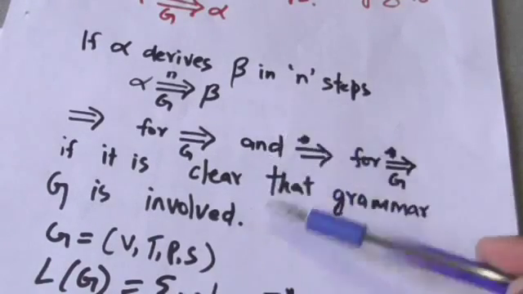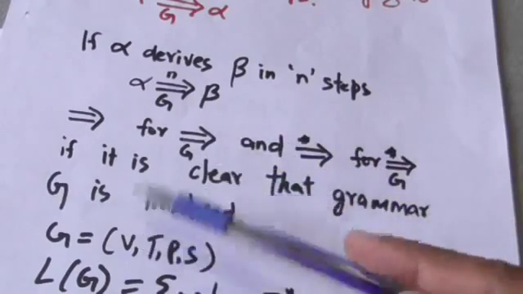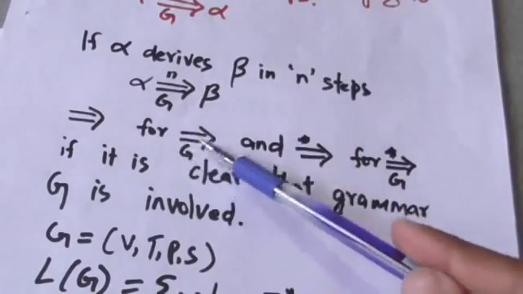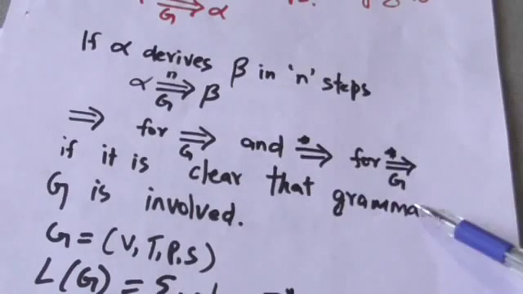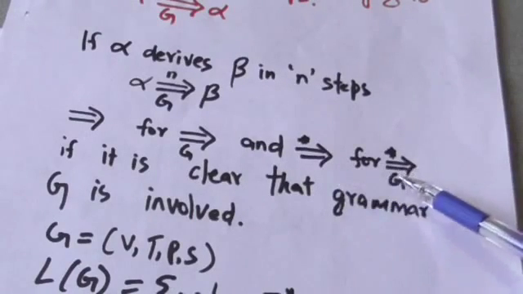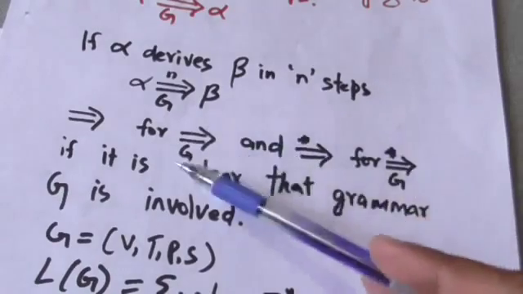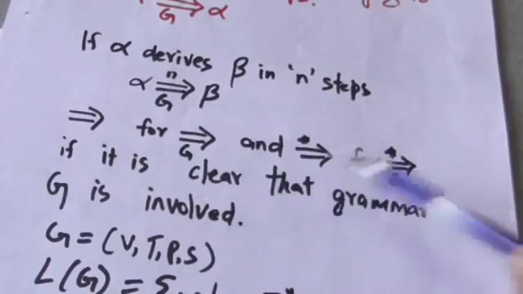If it is already known that grammar G is involved in the derivation, then from this symbol and from this symbol we can remove this G, right? It shows that in derivation grammar G is involved.